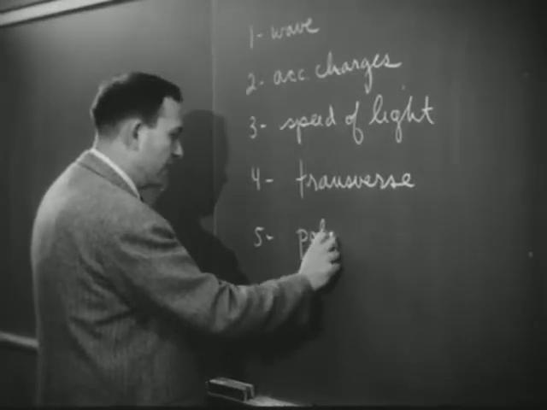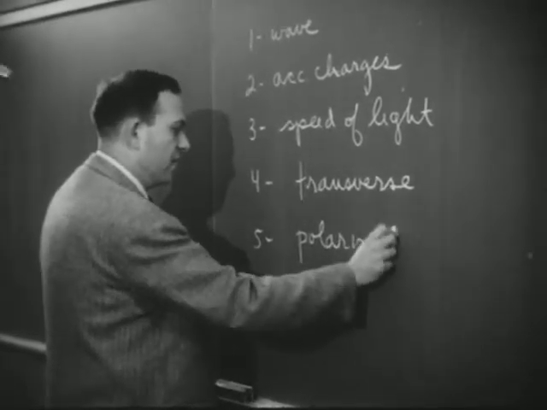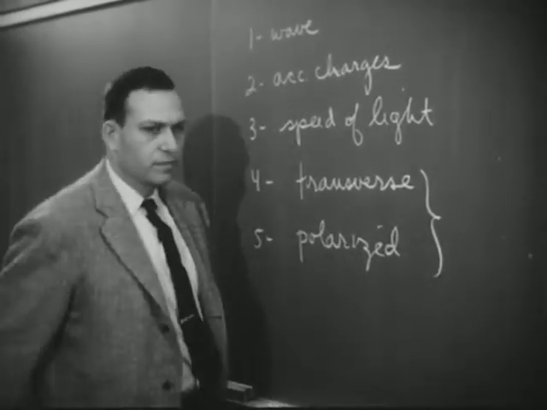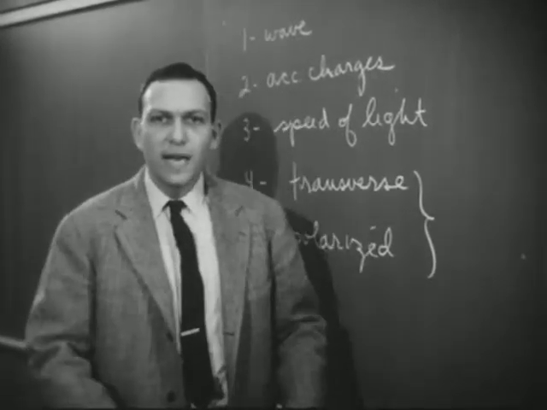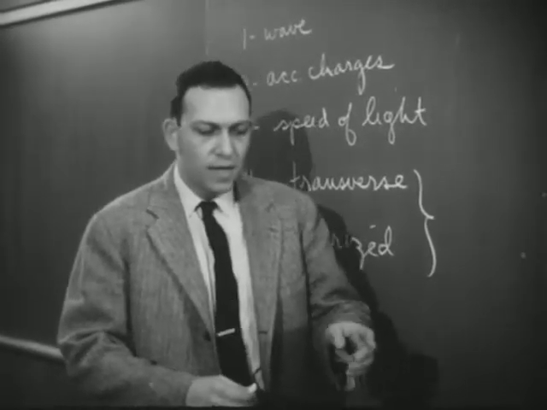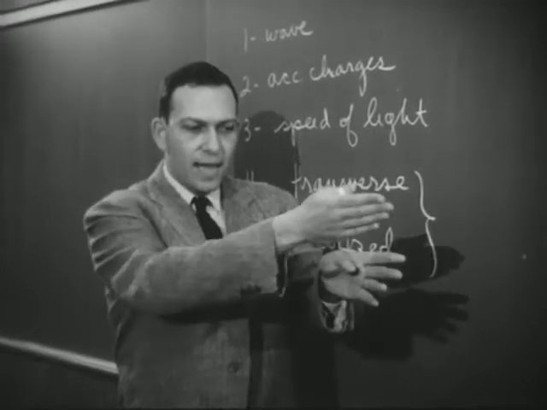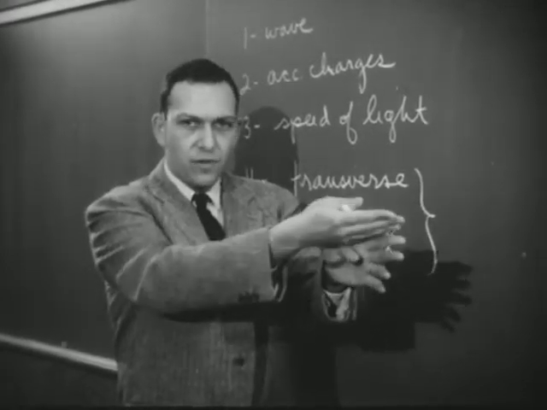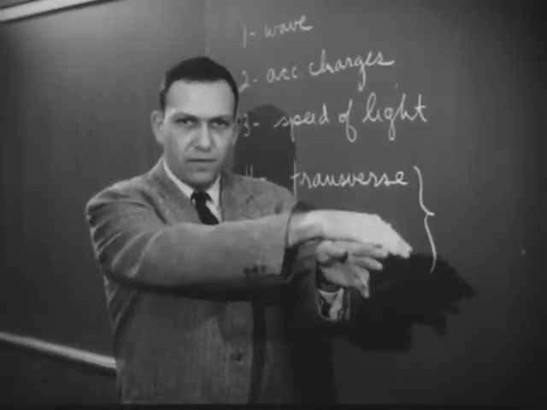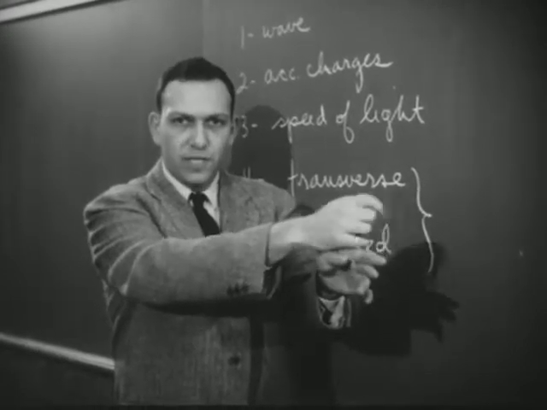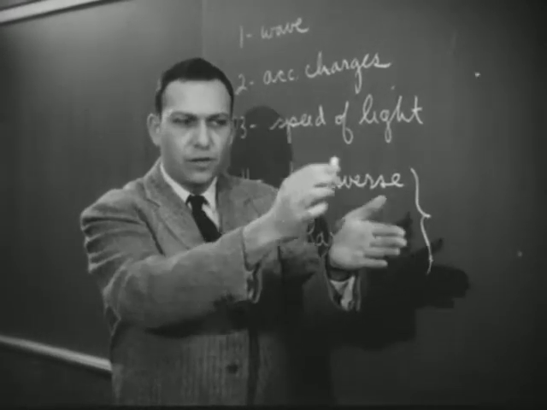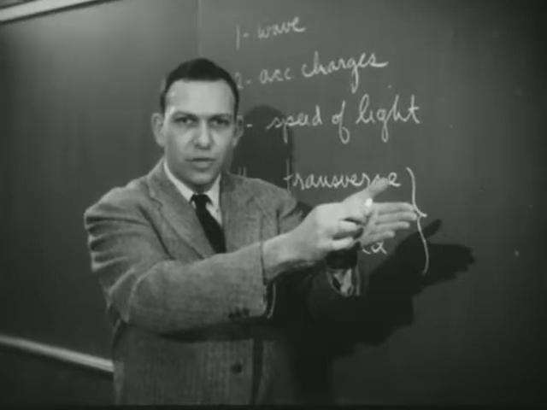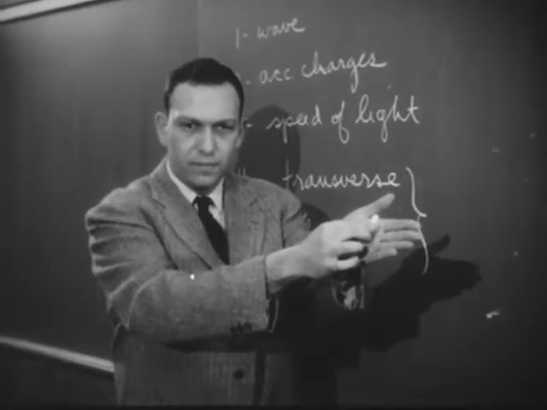This property is related to the fact that they are transverse. We mean, when we say that they can be polarized, that we can select any plane containing the direction in which the waves travel and can force the electric vibration to lie in that chosen plane.